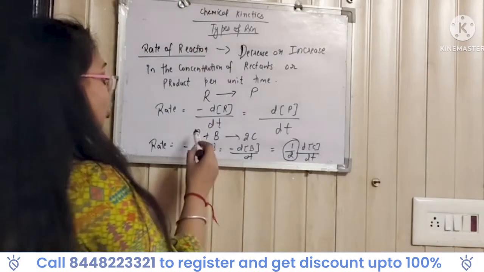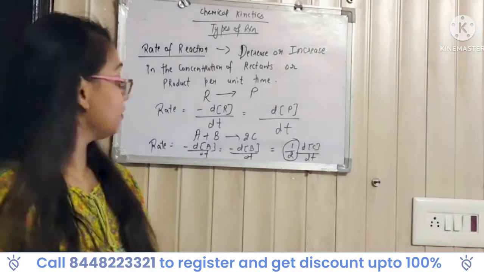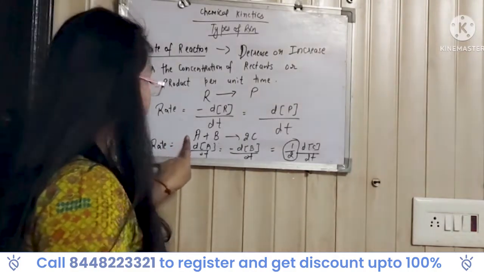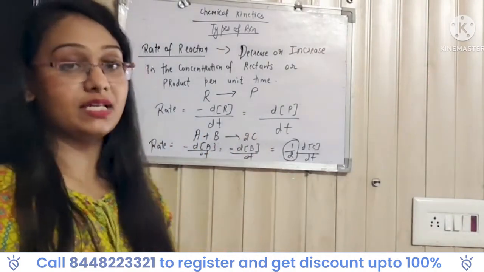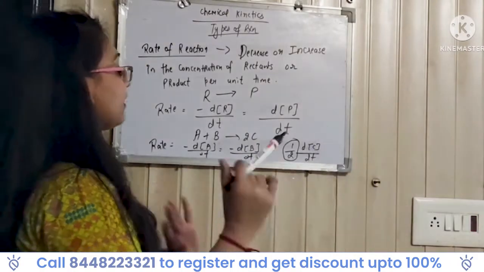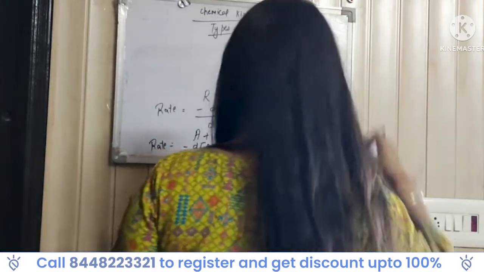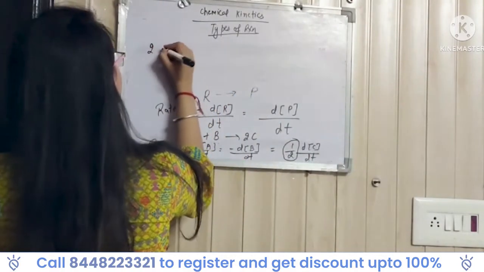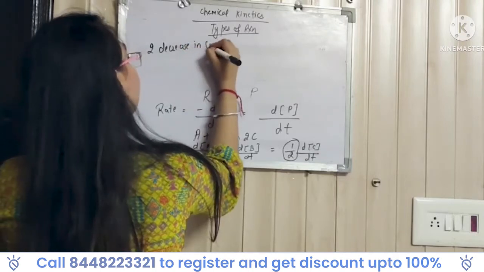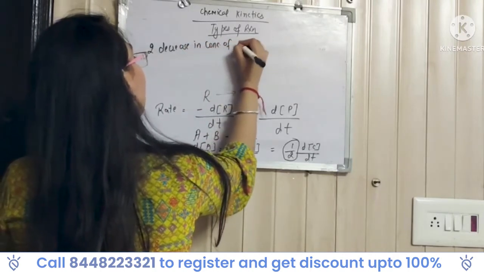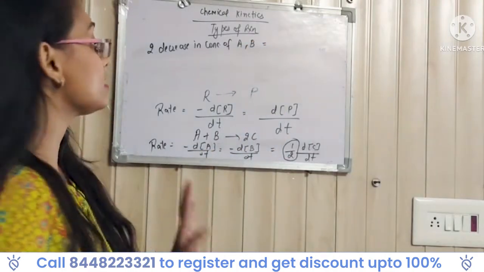See, 1 mole of A and 1 mole of B gives 2 moles of C. It means the rate of disappearance of A and B is equal to twice the rate of appearance of C. Or we can write it as twice the decrease in concentration of A and B is equal to the increase in concentration of C.